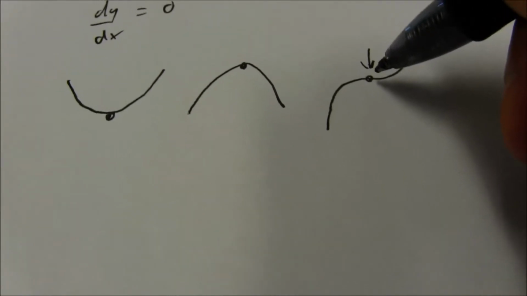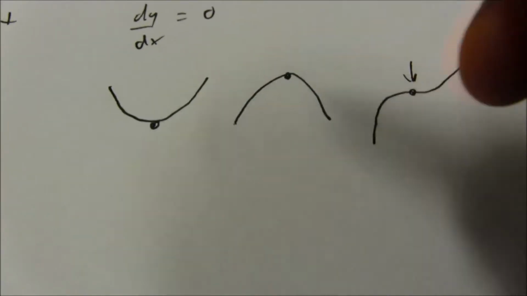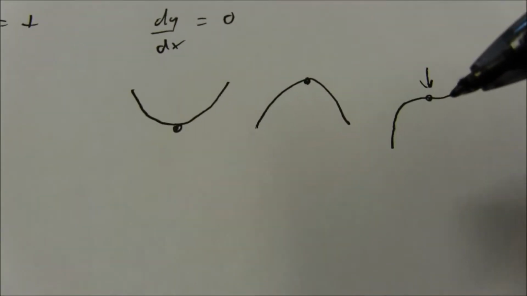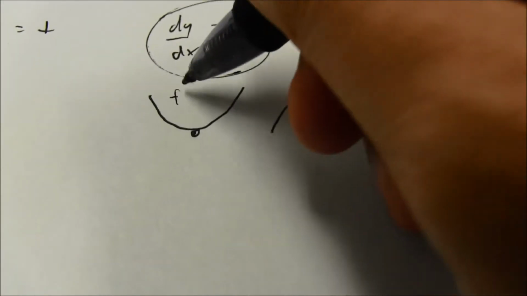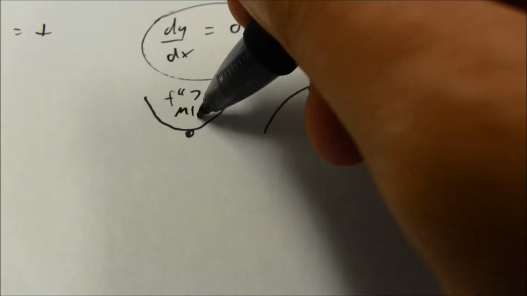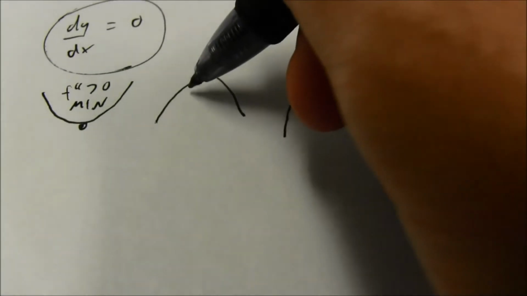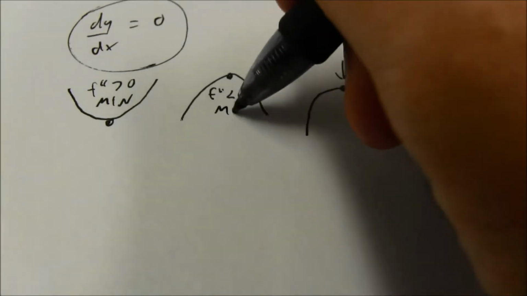Your second derivative would be 0. This is a place, of course, where your second derivative is negative because it's concave down, and your second derivative is positive there. So the point is, if you have a derivative of 0 and your function is concave up, that's your second derivative greater than 0, you have a minimum value. If you have a second derivative that is negative, you have a maximum value.